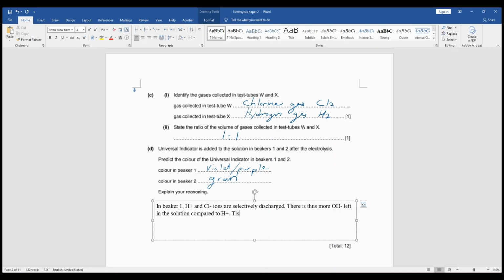This increases the pH of the solution. Okay, make all this superscript.